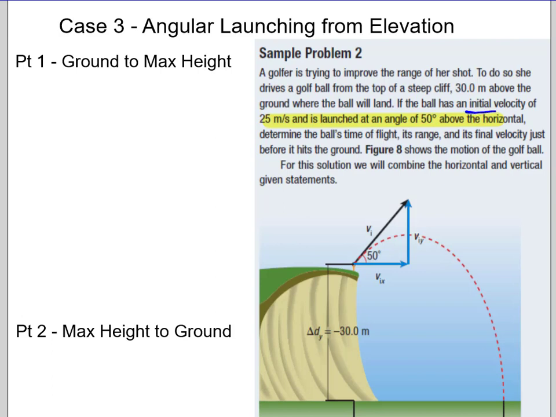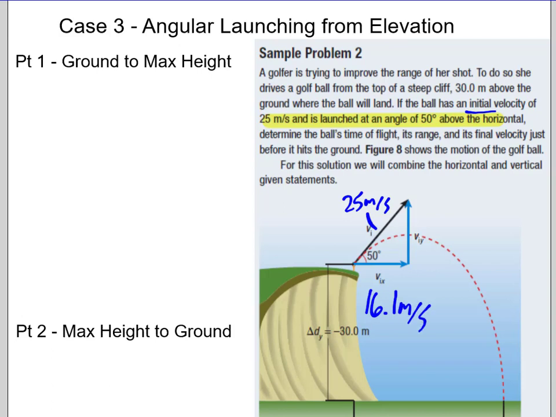Initial velocity, that's really important to read in the opening part of this question. That is this value here. That is the resultant. That is the 25 meters per second, at 50 degrees above the horizontal. So if we do cosine 50 times 25, we get a Vx of 16.1 meters per second.